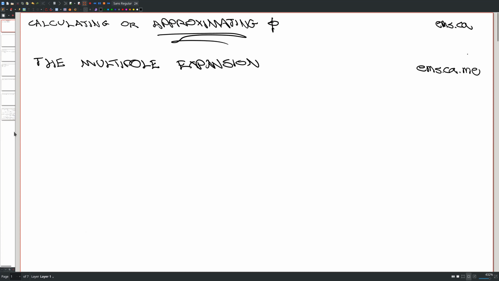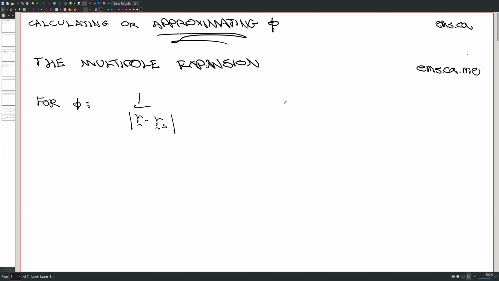Now, the point of the expressions we have for the potential is that we always have a spatial dependence that looks like a combination of factors 1 over r minus some r, and let me call it r source.